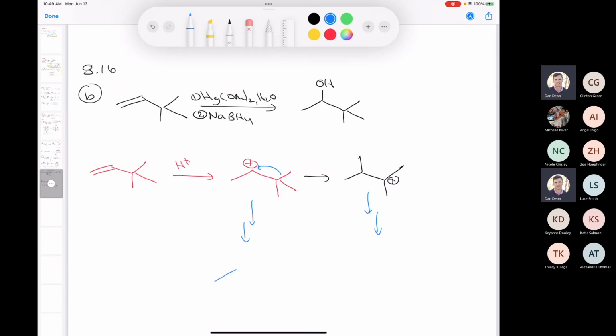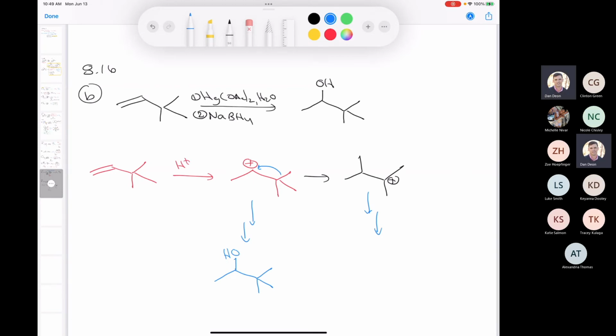So I'm going to end up with two products. I'm going to end up with this compound, which would be racemic, because I have a stereocenter here. So this would be racemic. And then I'm also going to end up with this compound, which is achiral. And so I end up with a mixture in this case.